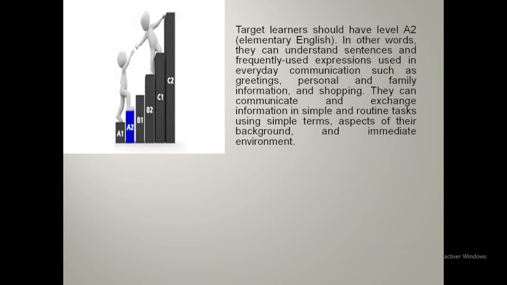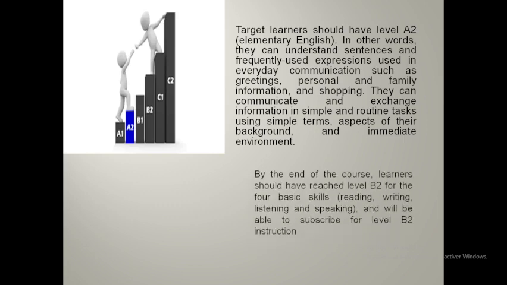Target learners should have level A2, elementary English, which means they can understand sentences and frequently used expressions used in everyday communication, such as greetings, personal and family information, and shopping. They can communicate and exchange information in simple and routine tasks using simple terms, aspects of their background, and immediate environment.